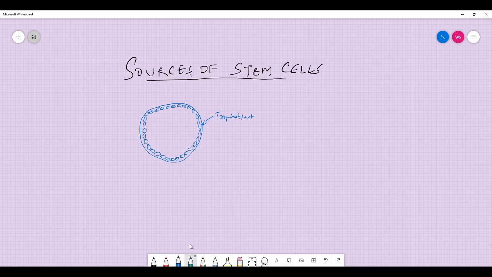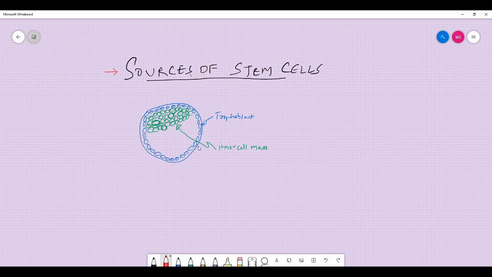And it had an inner cell mass. That is the inner cell mass. So our question is, what are the sources of stem cells?